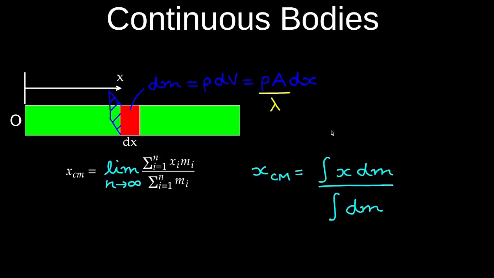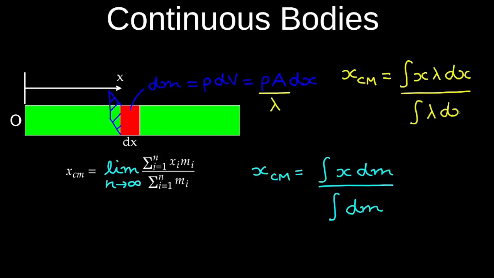So for this one-dimensional rod, we can write the center of mass as follows, where we're integrating over the length of the rod. So if lambda changes with respect to x, we can't take it out of the integral. But if the rod has a constant density, we can take the linear density out of the integrals and cancel them out.